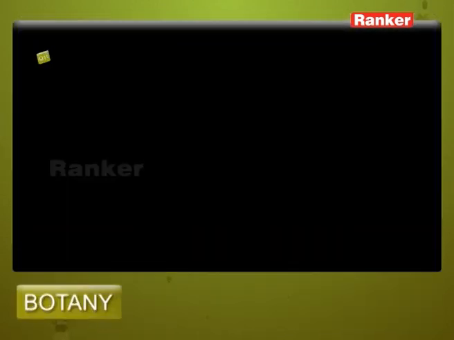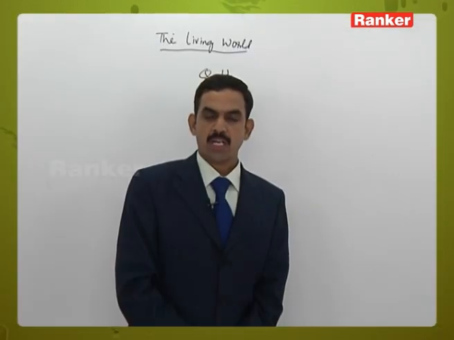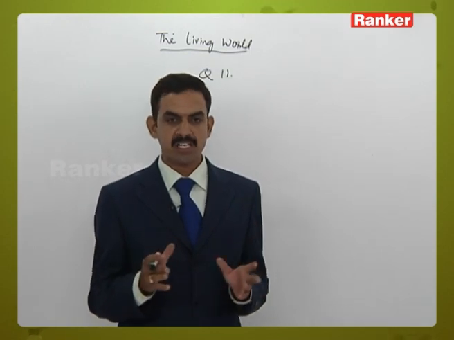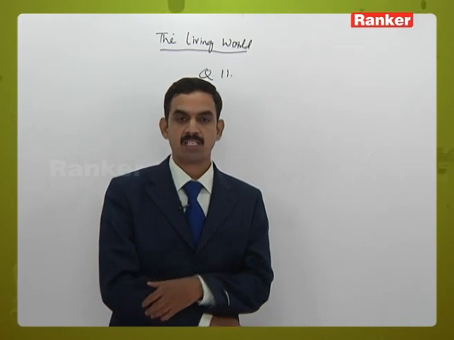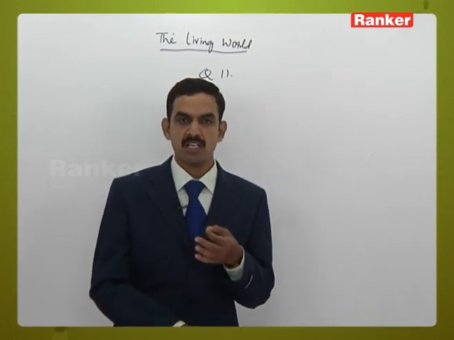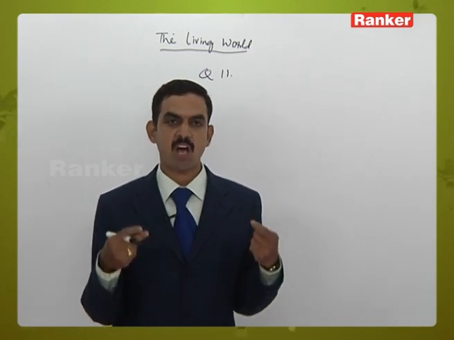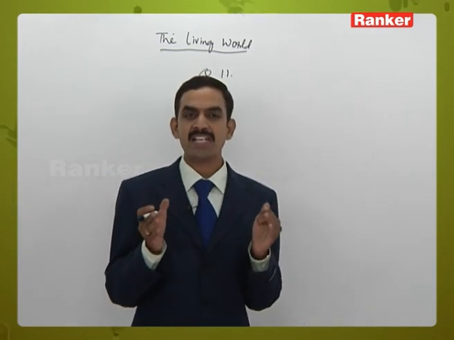Question number 11, self-consciousness is the characteristic feature of options: 1 plants, 2 organisms, 3 human beings, 4 prokaryotes. Here, all four options are living organisms, but self-consciousness, that is awareness of themselves, like how to dress or how to behave, is there only in human beings.